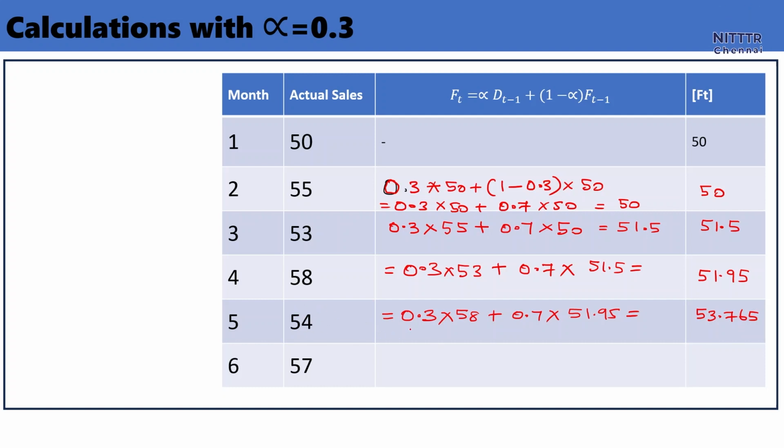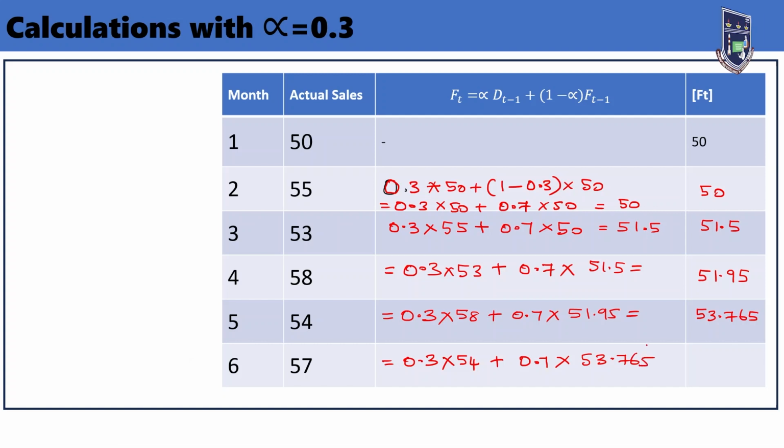Now, let us calculate it for the 6th period. It is similar to the 5th period, but only we have to change the data here. 0.3 into the previous period demand, which is 54, plus 0.7 into the previous period forecast, which is 53.765.